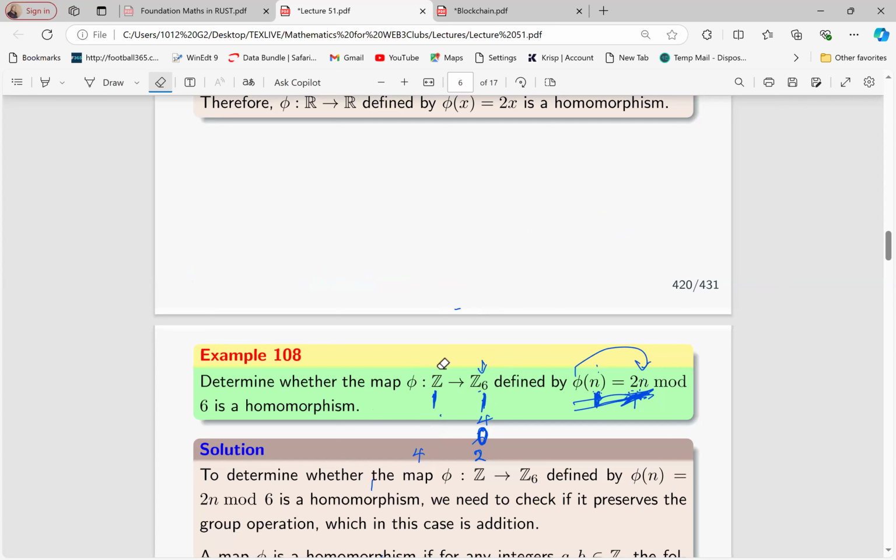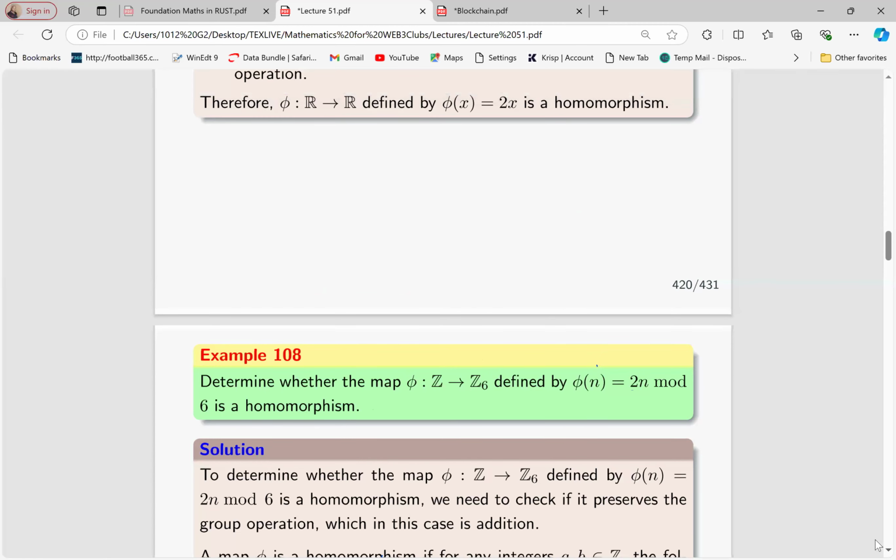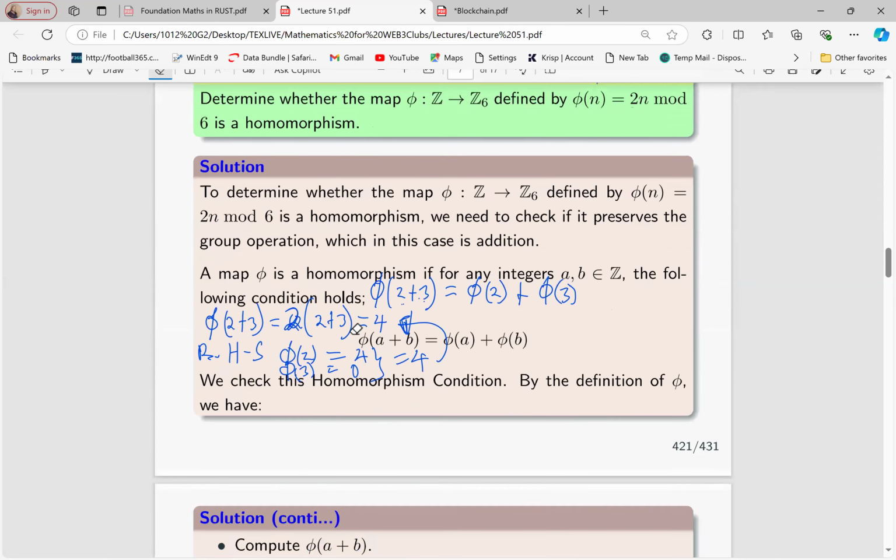So when you talk about, for instance, homomorphic encryption, then this is an encryption that copies the behavior of homomorphic groups.